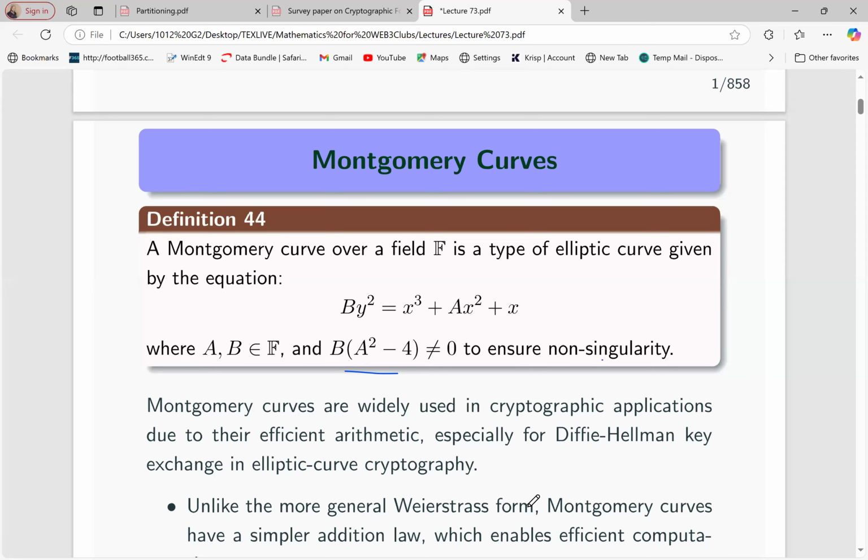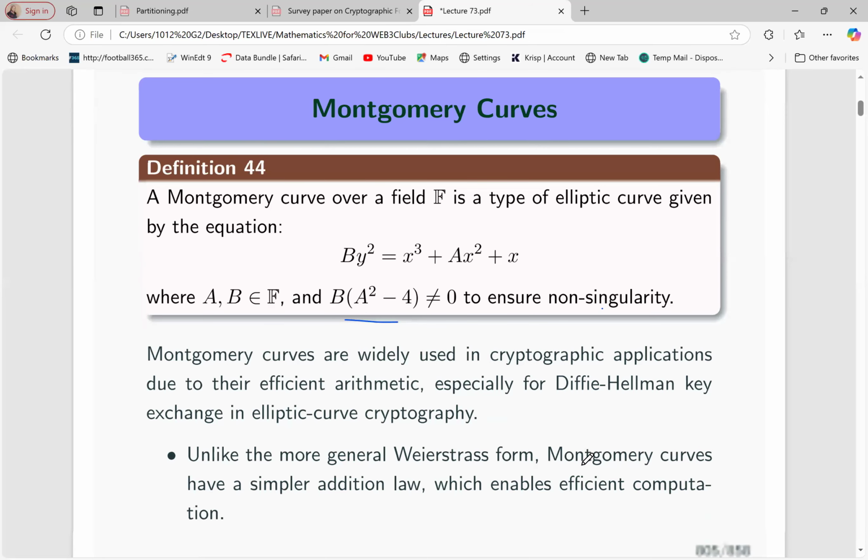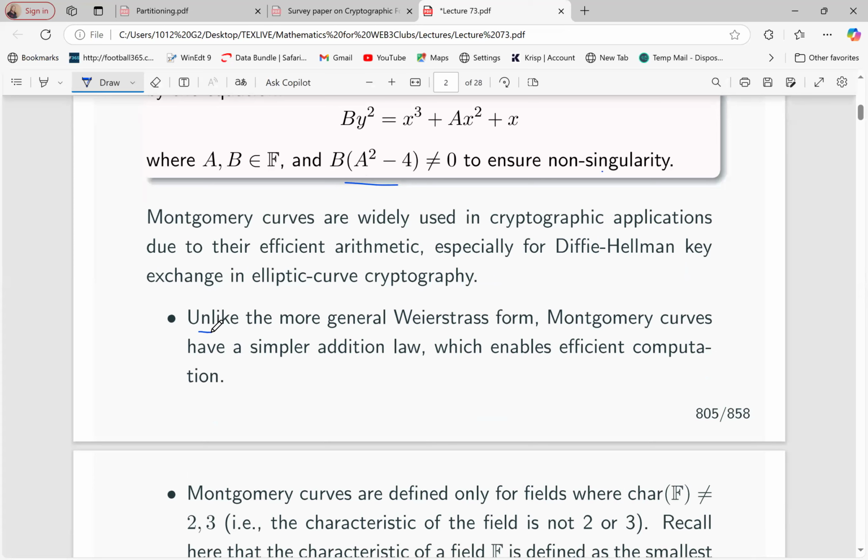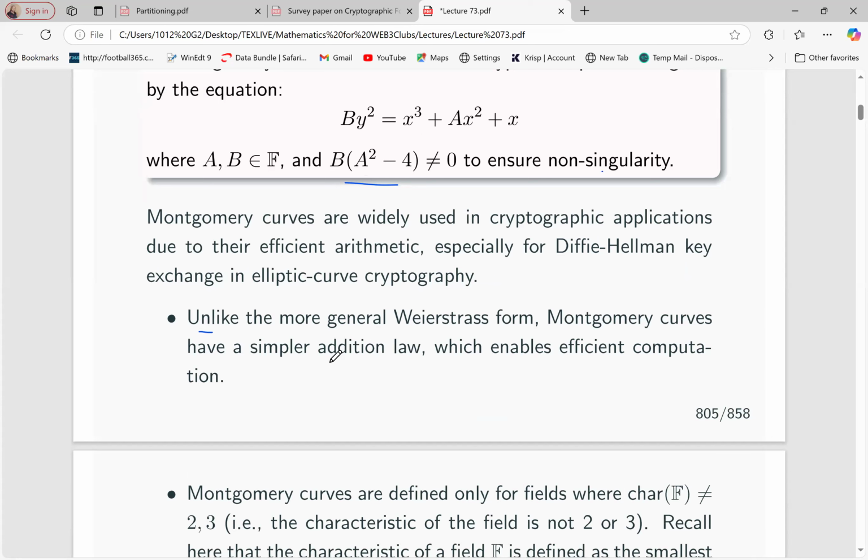And so we are saying that for Montgomery curves, those operations are easy to perform, and that makes it very efficient in applications. That's what I've just said here, that unlike the general Weierstrass form, we find that it's simple to carry out addition and even doubling of points.